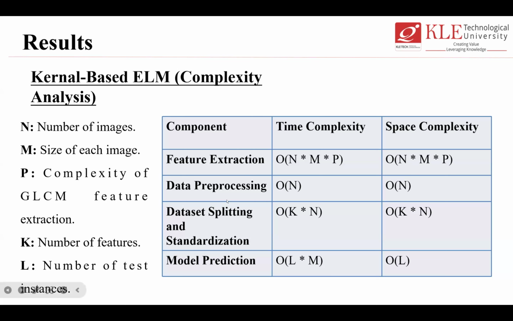For data pre-processing, we got O(N), and space complexity also O(N), where we didn't use any auxiliary memory. Data set splitting and standardization is O(K into N), which means number of features into number of images.